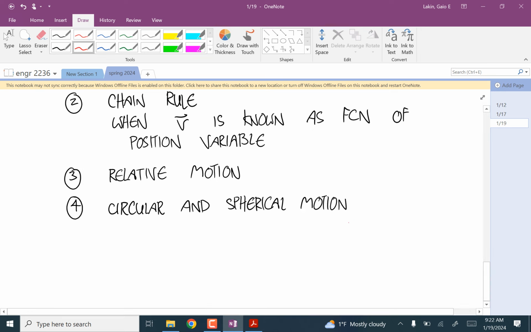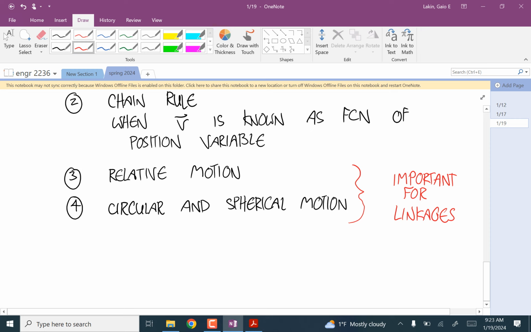And these two together, relative motion and circular and spherical motion, are going to be important together when we talk about linkages. And linkages are like, think of robotics.